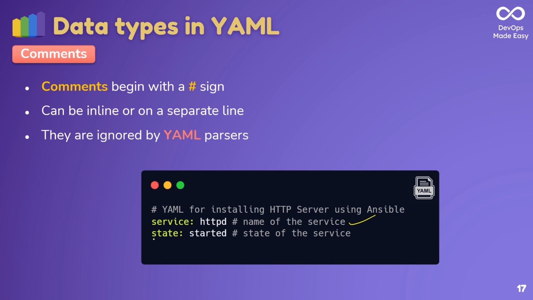Similarly, for the next key value pair also, I gave the comment on the same line. And on the top here, at the root level of the document, again there is a comment. So this becomes a comment on a separate line. Even this will be ignored by the YAML parsers. Here I can simply give information about this complete YAML document, why I'm using it, what its purpose is, etc.